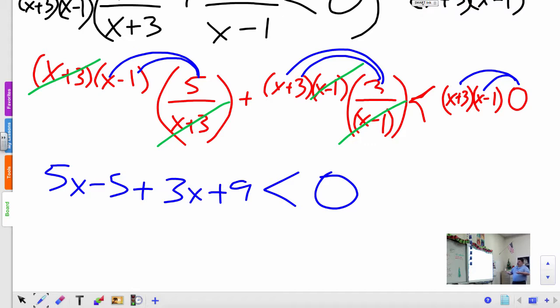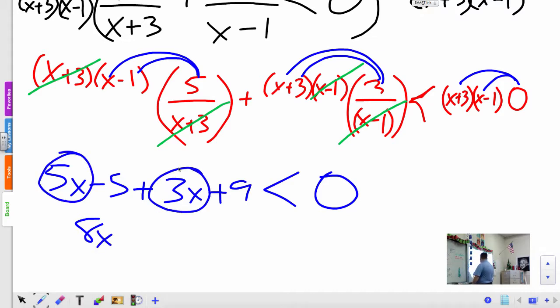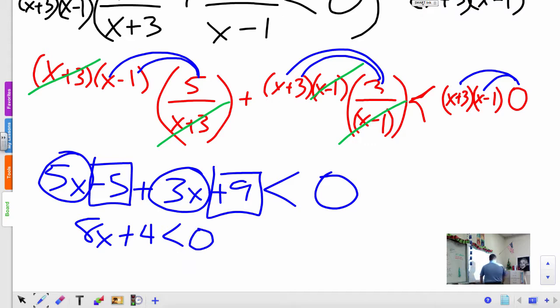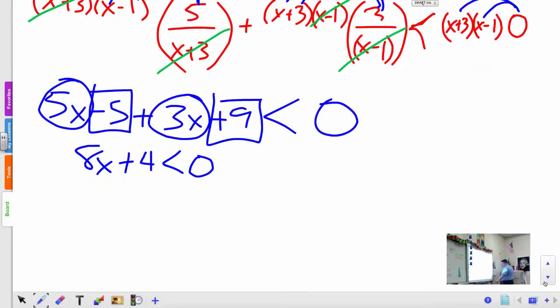Well, now I have something that I can solve. And so when I combine like terms, I have 8x, right? This plus this. And then plus 4, which is this plus this, is less than 0. And double check that, make sure we're doing that correctly.